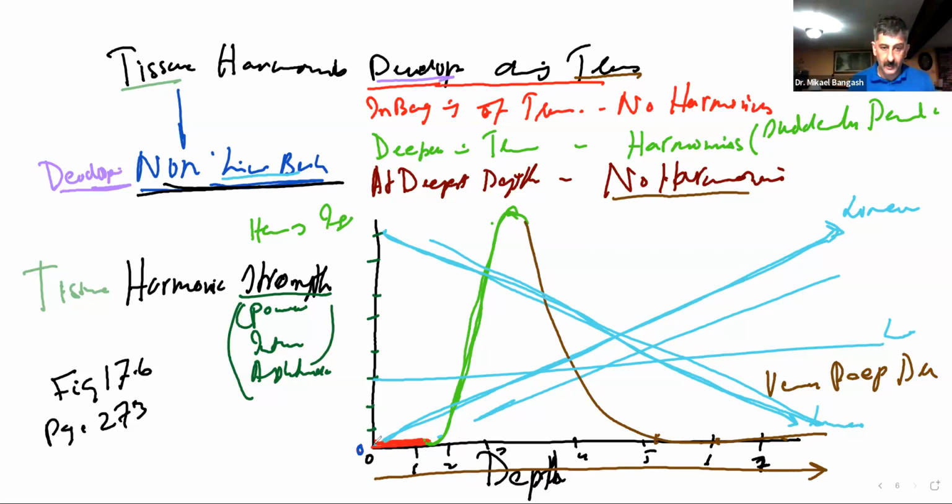At shallower depths they may start to build up, but you still don't have harmonics which are strong enough to produce tissue harmonics. So pretty much, at shallow or superficial depths, there are no harmonics.